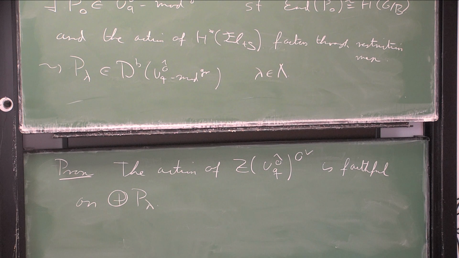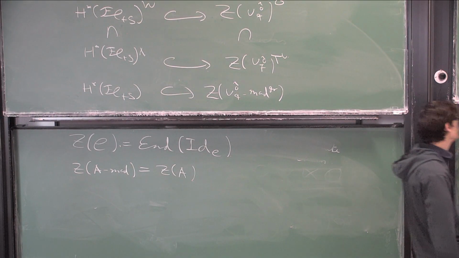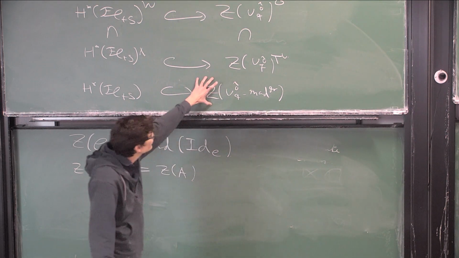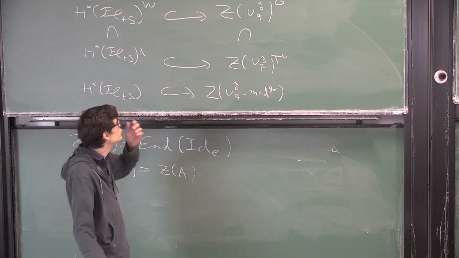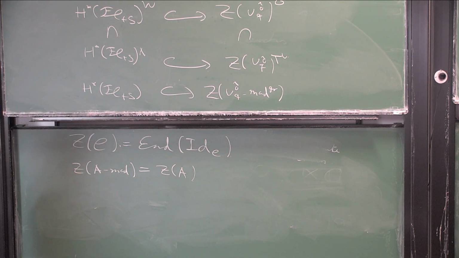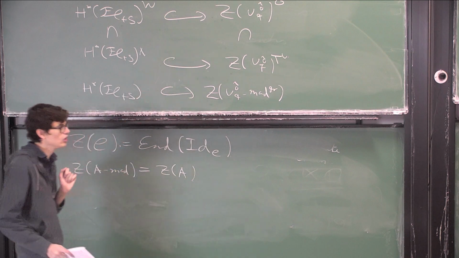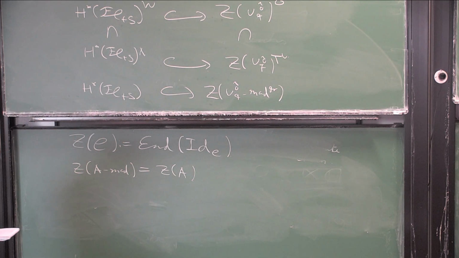If we could prove that this action was faithful on some slightly bigger center, the most ambitious thing, but even on something slightly smaller like this, we could get a stronger result about surjectivity on these other pieces.